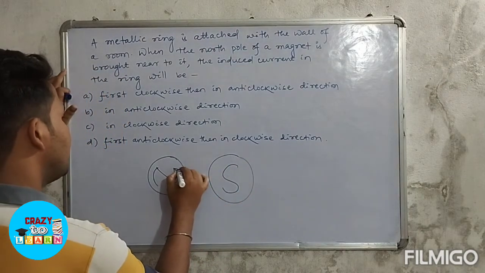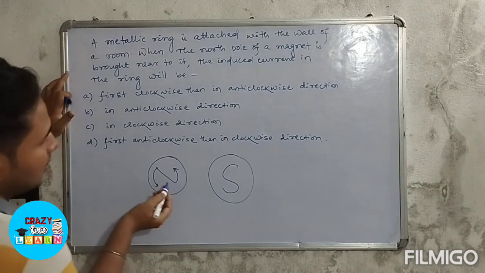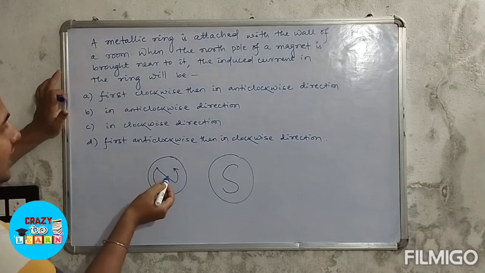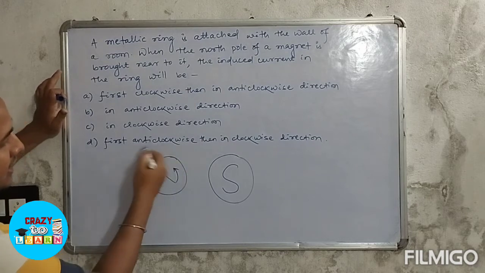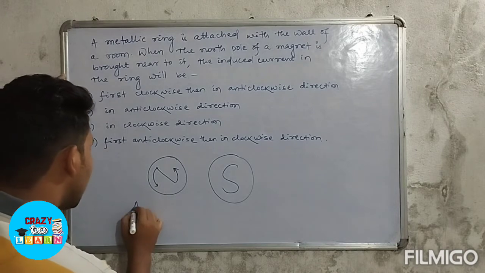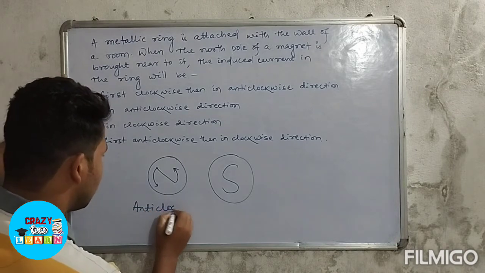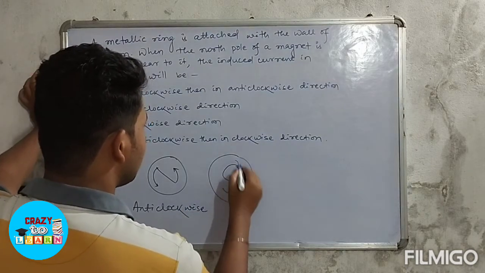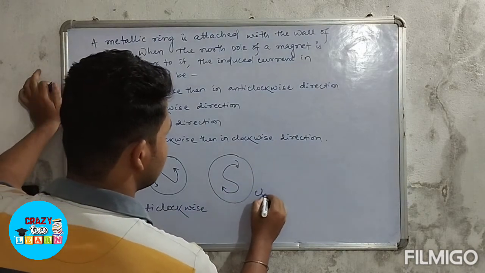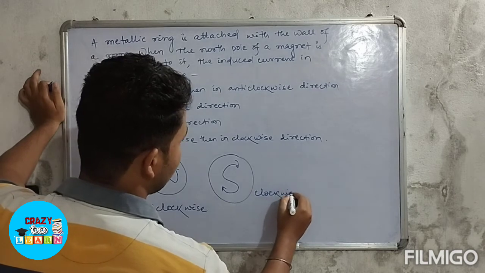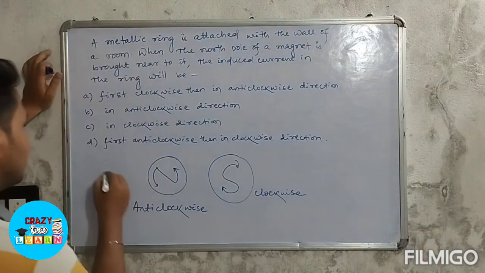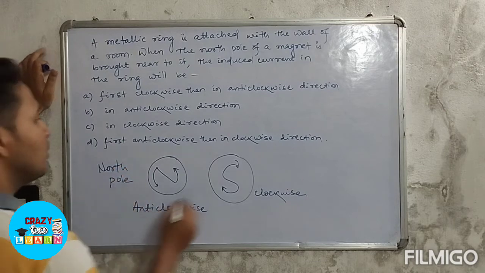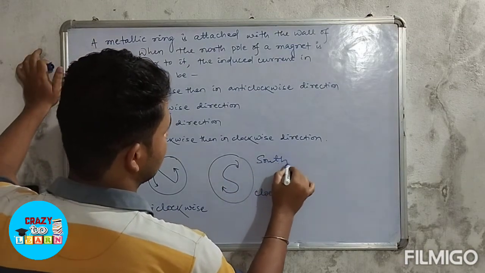When a north pole is formed, the induced current in the ring will be, as the arrow mark indicates, in anti-clockwise direction. And for a south pole it is clockwise direction.